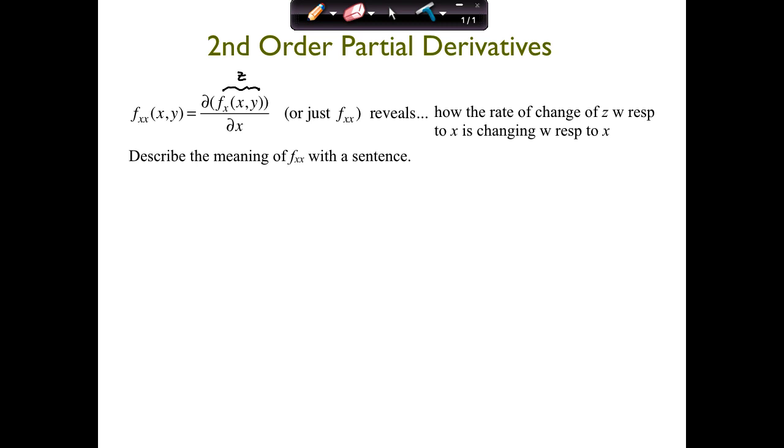Given a small change in X, the resulting change in what? The partial derivative. The resulting change in the partial derivative will be... No, this is the new rate of change that we're analyzing.